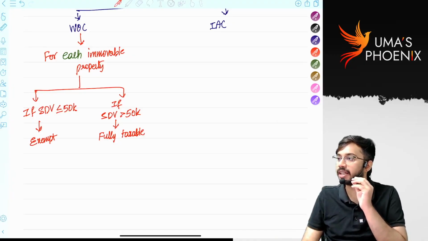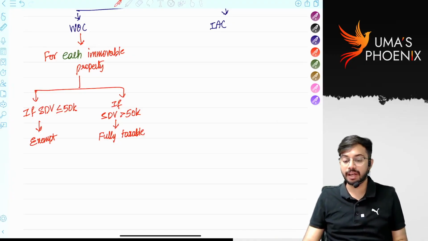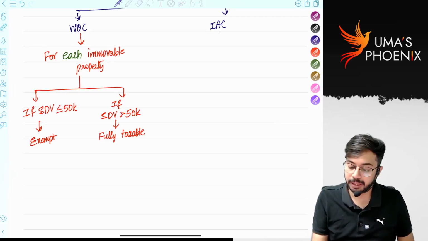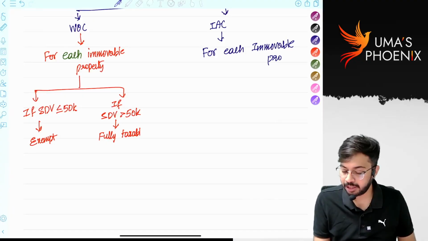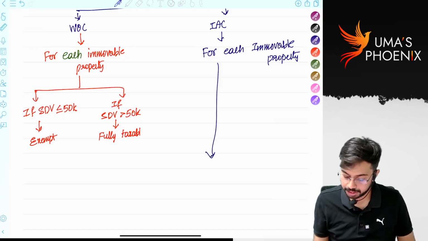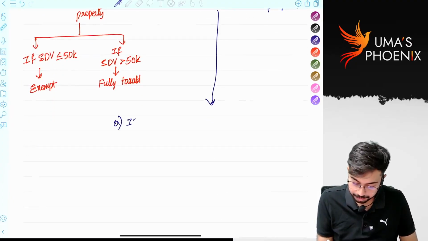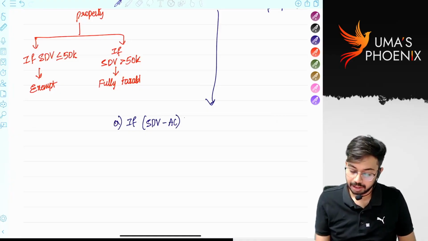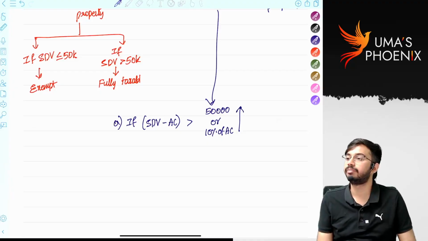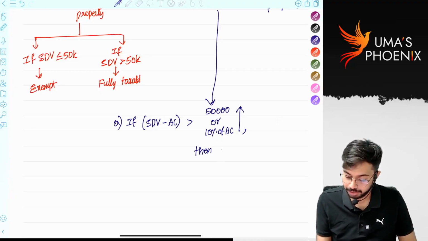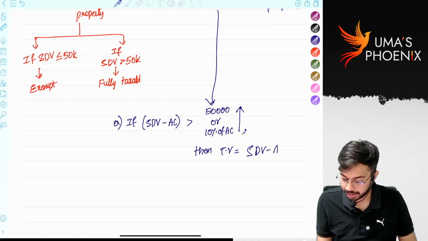Next, shall I explain the last case, case 5? In case 5 also, we need to check for each immovable property. Here it will be a bit different. Listen, you will understand. For each immovable property, if stamp duty value minus actual consideration is greater than 50,000 or 10% of actual consideration, whichever is higher, then taxable value is equal to stamp duty value minus actual consideration.